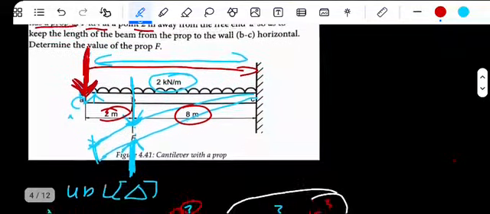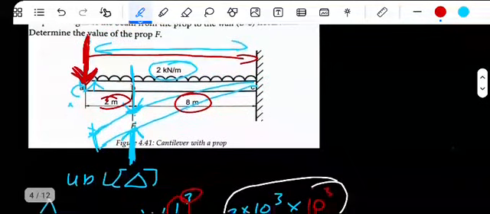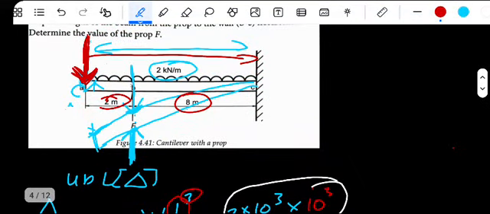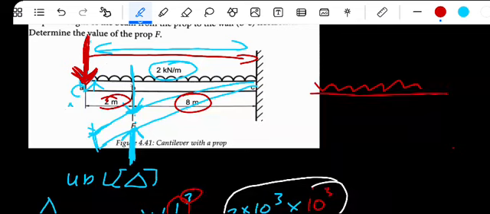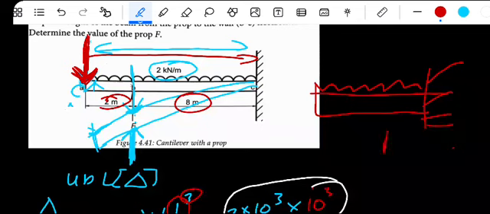I've said if you have the UDL, that is, if it is stretched out like this, if I have maybe the prop acting here, there will be some force that will act in the opposite direction.